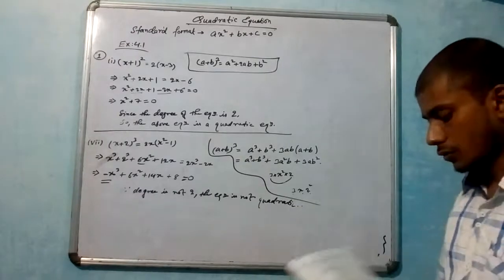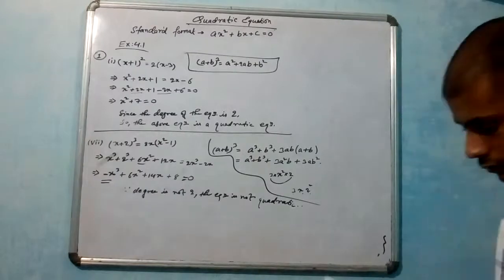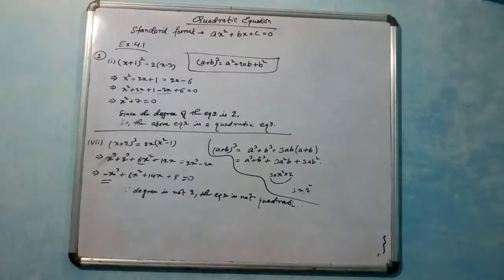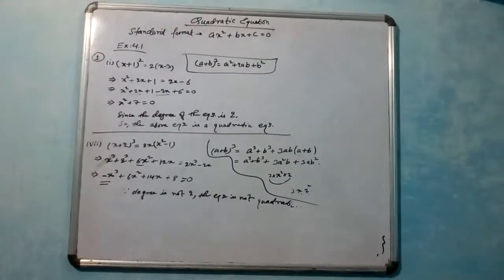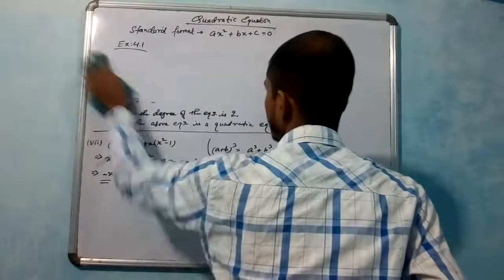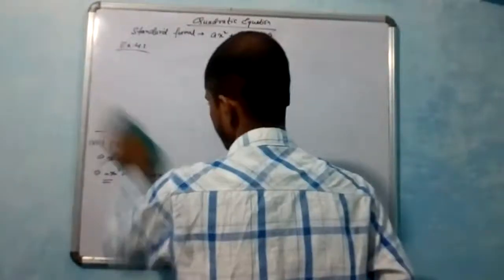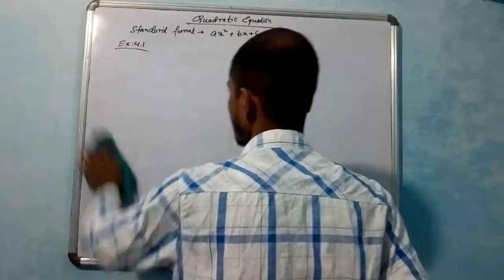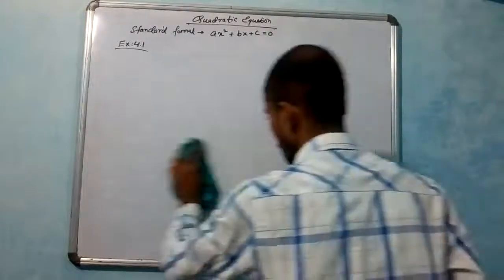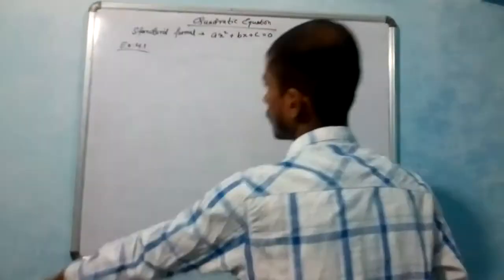So the first one you can do easily. You will try all. Second one. See the second question. What is it asking in this? Represent. It means in the word problem some situation is given, and that situation has to be converted into quadratic form.